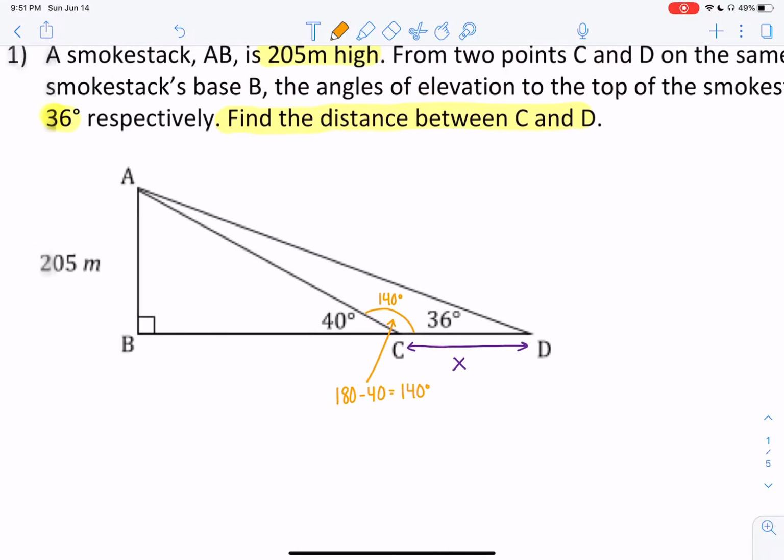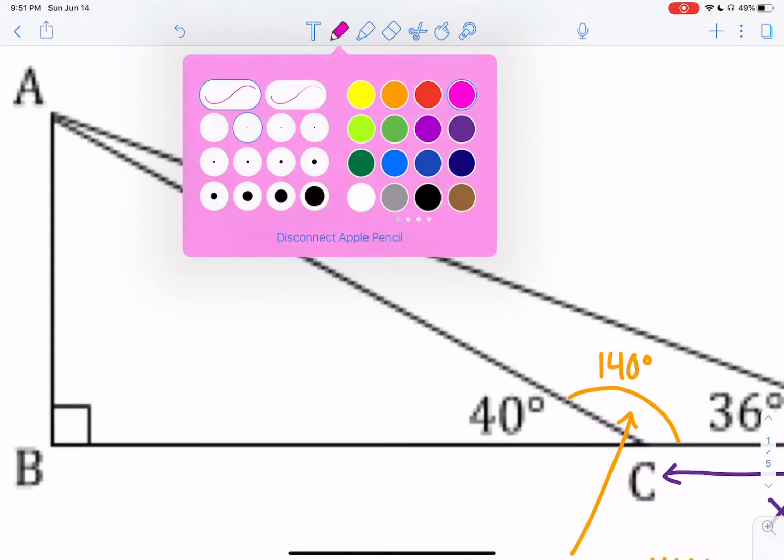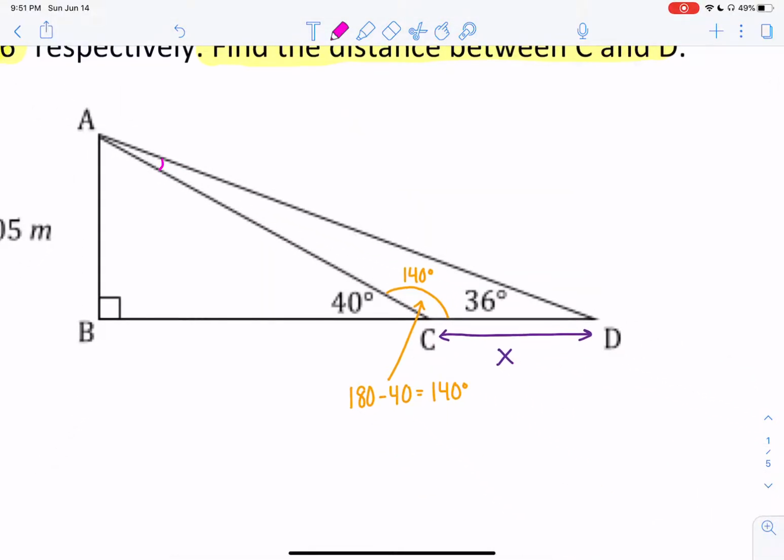Now that we found that angle, we can also find this little teeny angle up here. So all of our angles in a triangle add up to 180 degrees. So this angle over here is going to be 180 minus that 140 from angle C minus 36.